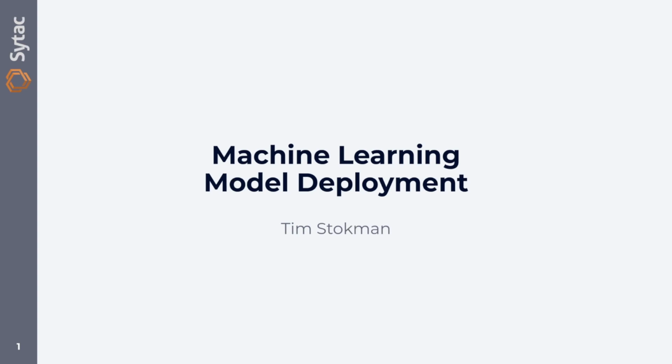So I'm Tim. Currently I work in computer vision, but I have about a decade or more of experience with machine learning, with data, and I'm doing a very interesting assignment right now with computer vision. I'm going to explain a little bit about how you can actually make this work.